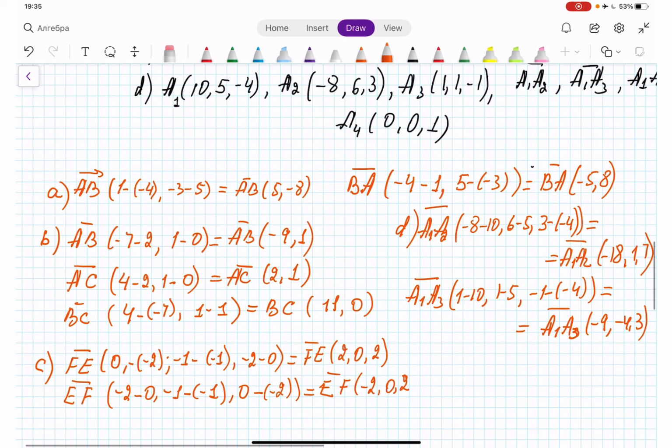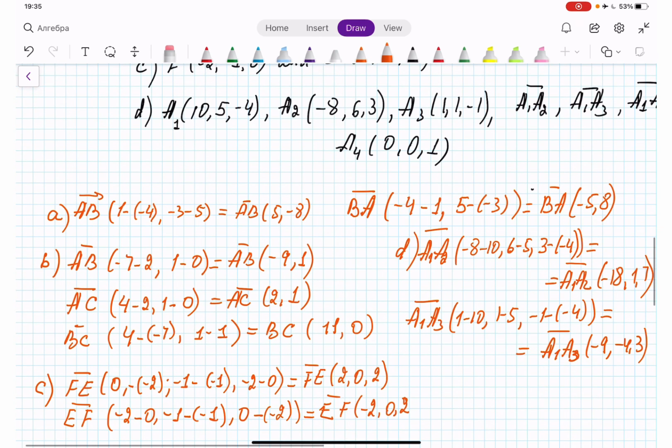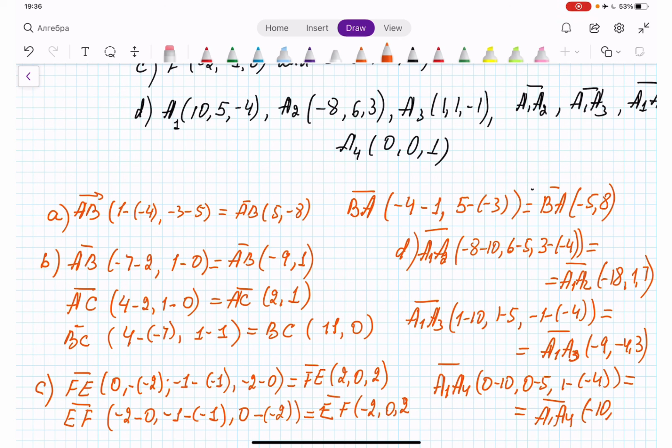And lastly, A1A4: 0 minus 10, 0 minus 5, 1 minus negative 4, which gives vector A1A4 with coordinates negative 10, negative 5, and 5.